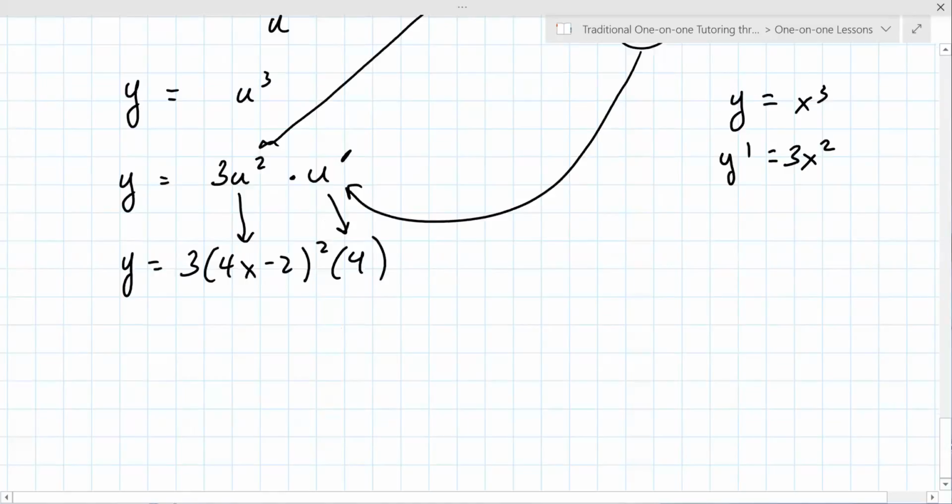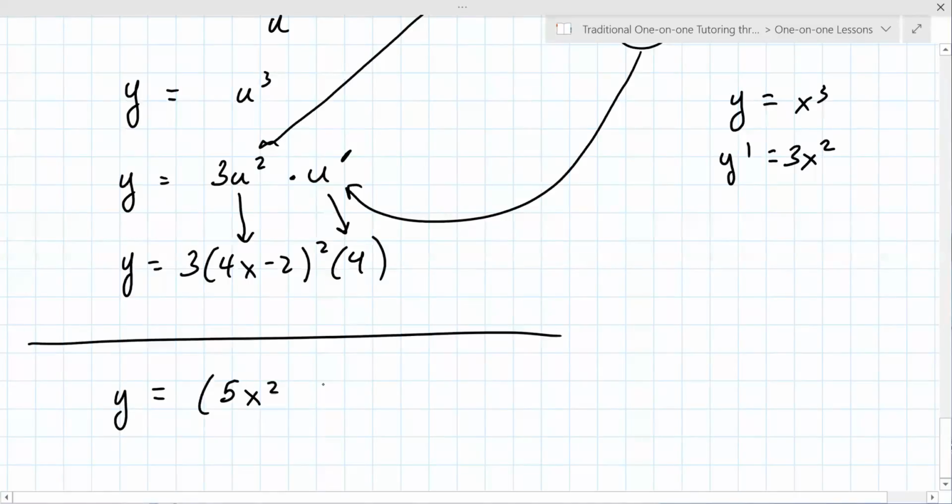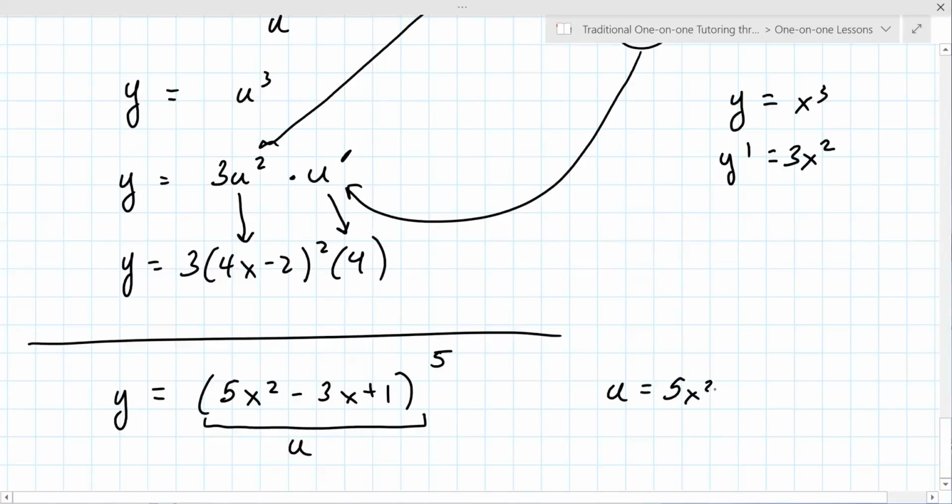Okay, so let's try another one here. Let's say y equals 5x squared minus 3x plus 1 to the power of 5. This is u right here. So u is 5x squared minus 3x plus 1.